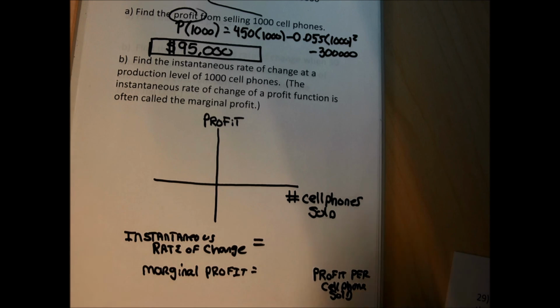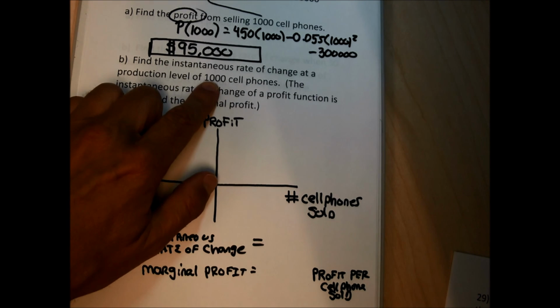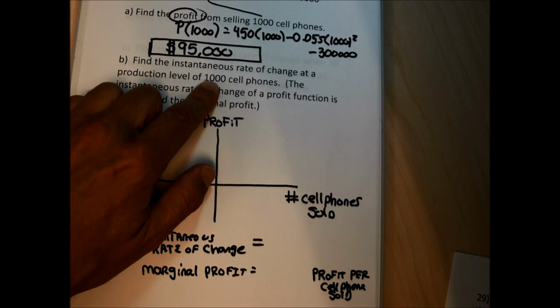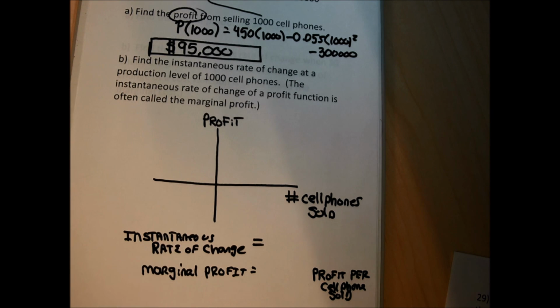And what the instantaneous rate of change function does, or what the marginal profit function does, is it estimates the profit from selling the next cell phone. So this instantaneous rate of change at 1,000 cell phones is going to give me how much money we're going to make for selling the 1,001st cell phone.